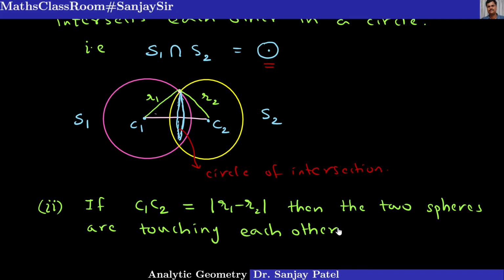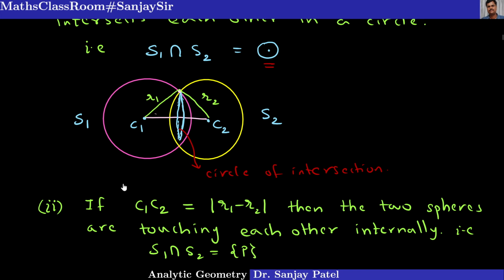Two spheres are touching each other internally. Okay, that is a tangent from inside. In this case, the one sphere will be contained in another sphere and they are touching each other. Okay, so again intersection in this case is also a single point. So S1 intersection S2 is again some one point.